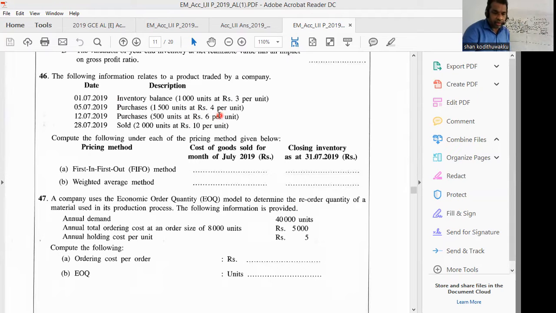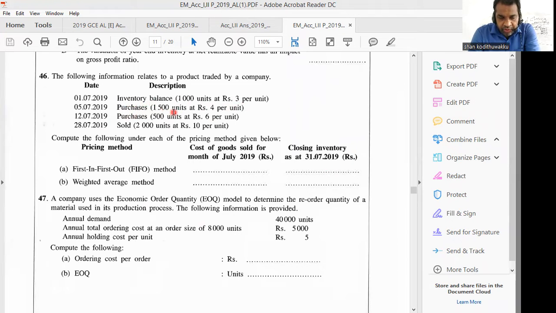Then when it comes to weighted average, it means that just after each new purchase receipt, you have to calculate the new price of the goods available at that moment. What is the way? You take the total value of inventory available on that day, just after the new receipt, and divide that value by the number of units available on that day. If you take the opening balance, you have inventory balance 1,000 units.